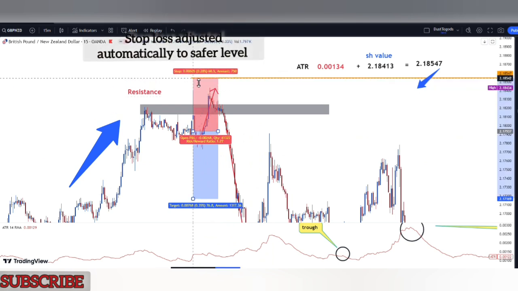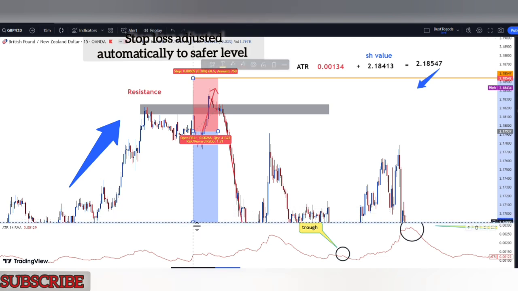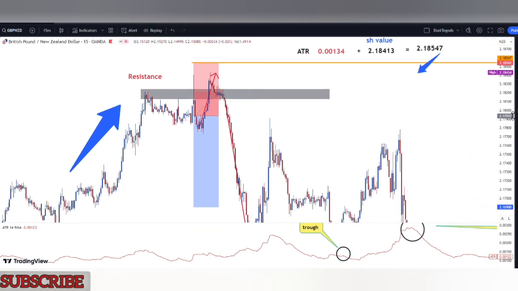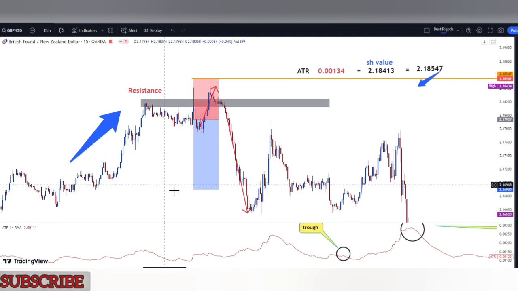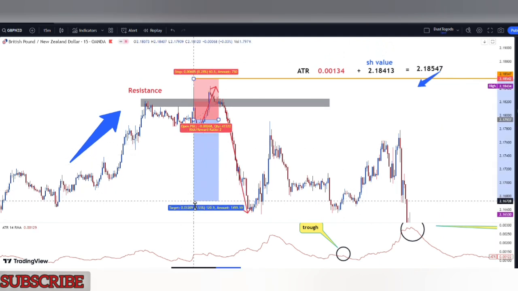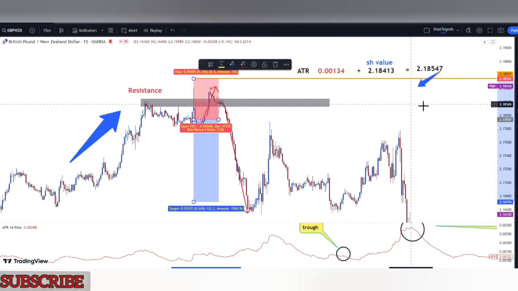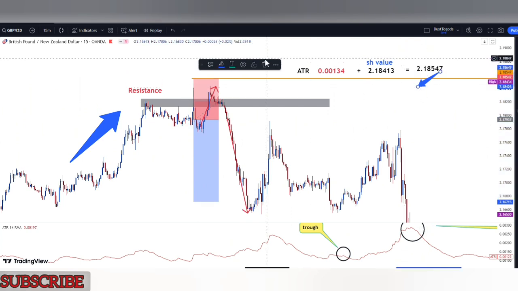So our stop loss should have been way up here to avoid being taken out, and would still target a 1 to 2 or 1 to 3 risk to reward ratio, and would still win this trade. If we target the 1 to 2 like this, we would still win this trade.